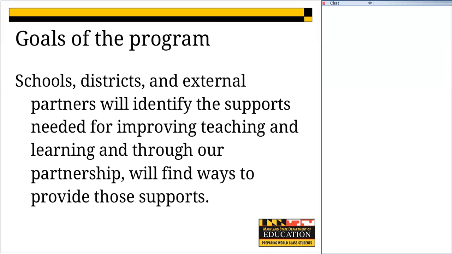And then we're also hoping that our schools participating, our districts, and our external partners that we're working with will be able to identify the supports needed for improving teaching and learning, and hopefully through all of our partnerships, we'll be able to find ways to provide those supports.